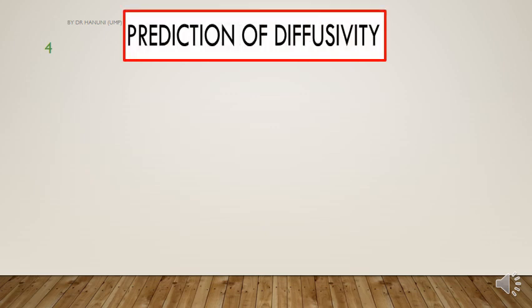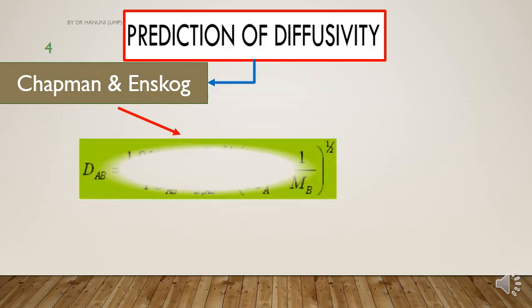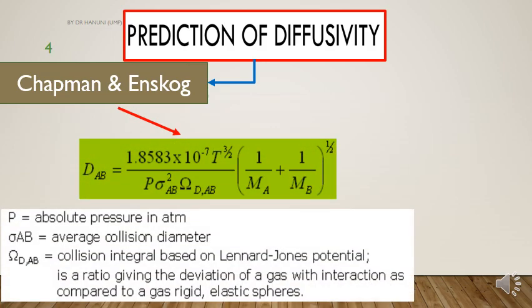Okay, let's start with the first method, which is the Chapman and Enskog method. According to the formula here, we have quite many new parameters which we are not familiar with. The P here represents the absolute pressure, which must be in atm unit, and sigma AB represents the average collision diameter, and the last one is the collision integral based on the Lennard-Jones potential.